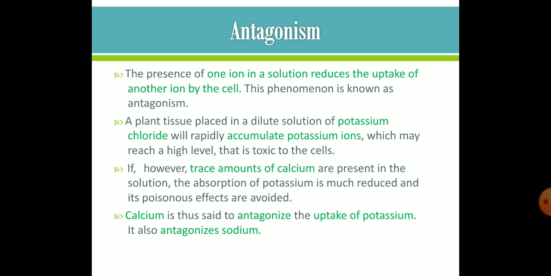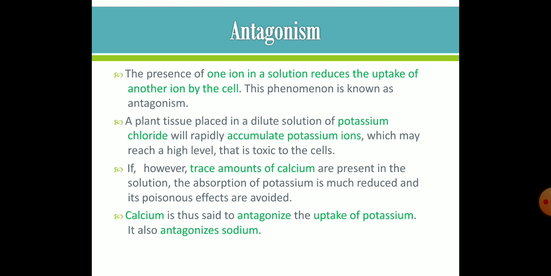Another one is antagonism. The presence of one ion in a solution reduces the uptake of another ion by the cell. This phenomenon is known as antagonism in a plant cell. Usually if you place a cell in a dilute solution of potassium chloride, it will rapidly accumulate the potassium ion, which may reach a higher level that is toxic to the cell.